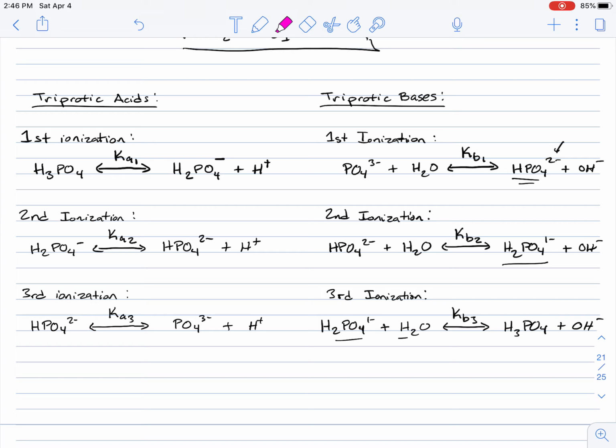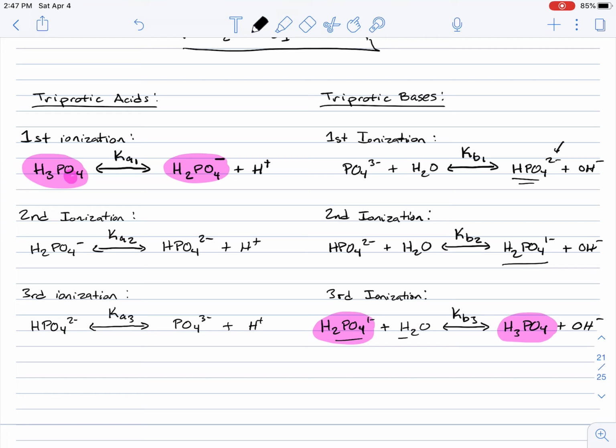That's my first color. Here in this case, phosphoric acid is found on the left-hand side of Ka1. And if you look at your triprotic bases, notice that phosphoric acid is found at the very bottom. And just to make certain that we're looking at the correct acid-base conjugate pair, let's take a look at the product. H2PO4 is found on the product side of the first ionization for the acid, and it's found on the reactant side for the third ionization of the base.